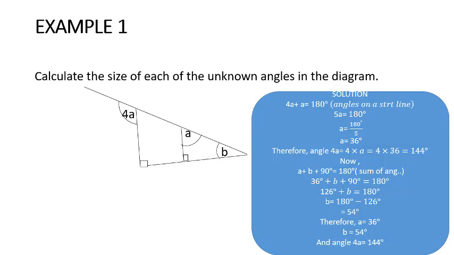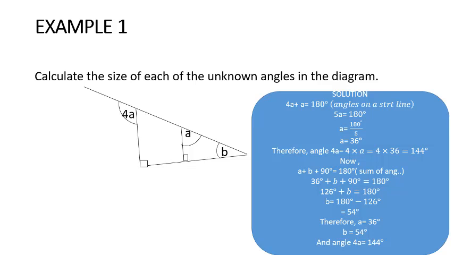So B is equal to 180 degrees minus 126 degrees. The answer is 54 degrees. So here I have found all the unknown angles. A is equal to 36 degrees, B is equal to 54 degrees, and angle 4A is the same as 4 times 36 degrees, which is 144 degrees.